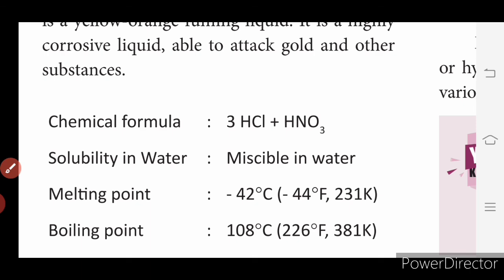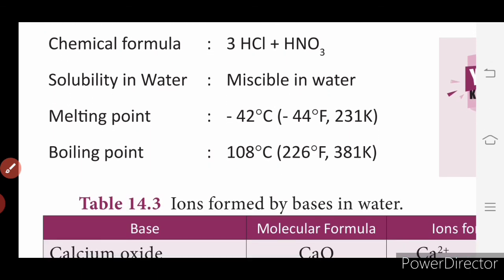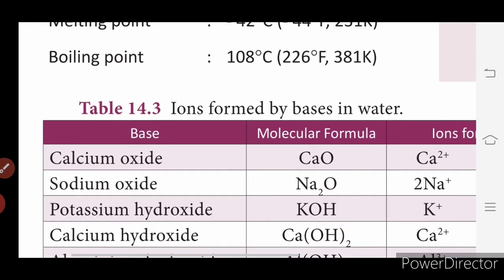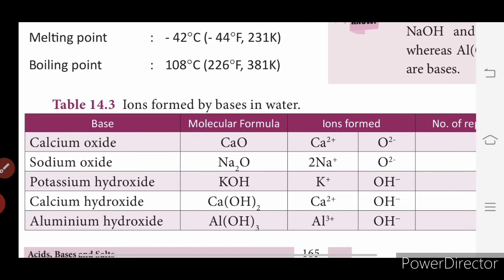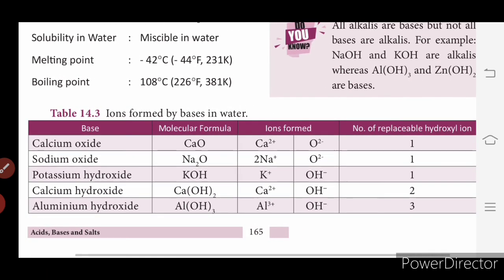Now we will see the tabular column: the ions formed by bases in water. The columns are bases, molecular formula, ions formed, and the number of replaceable hydrogen ions. The bases are calcium oxide, sodium oxide, potassium hydroxide, calcium hydroxide and aluminum hydroxide. The replaceable hydrogen ions are 1, 1, 1, 2 and 3.